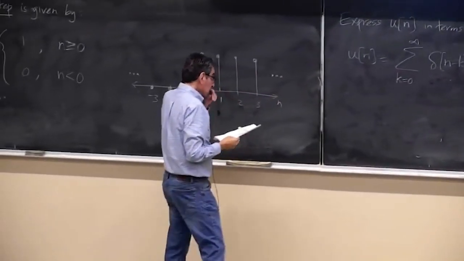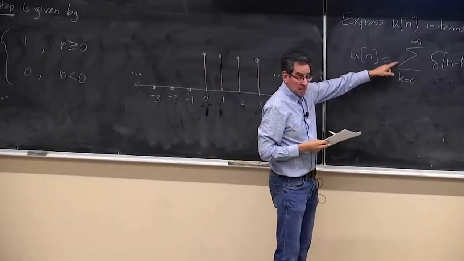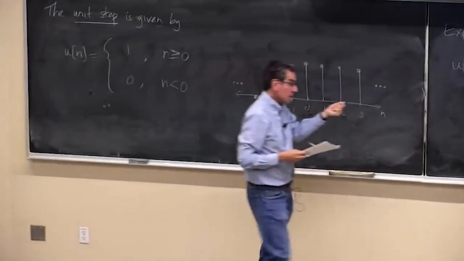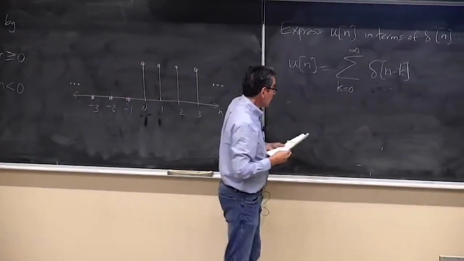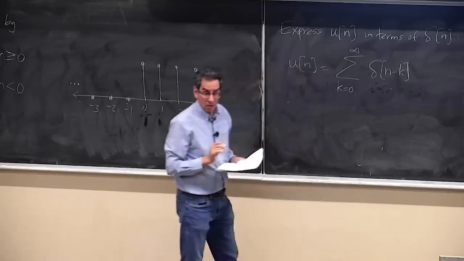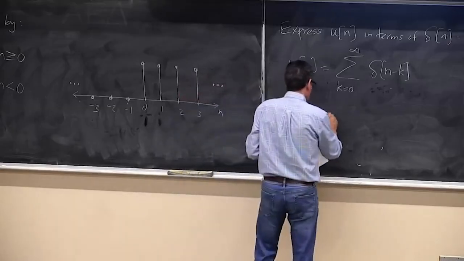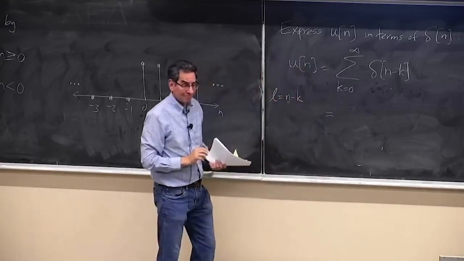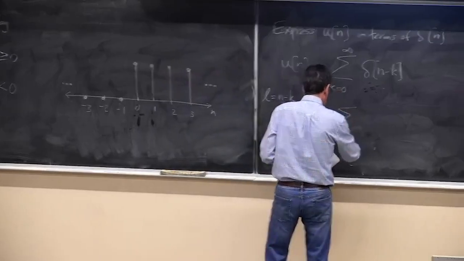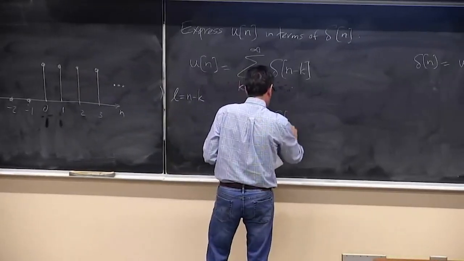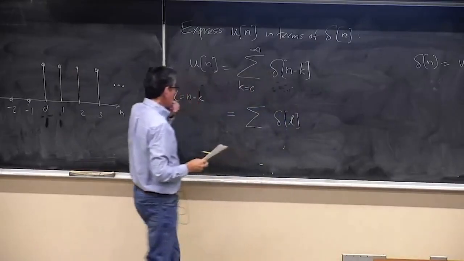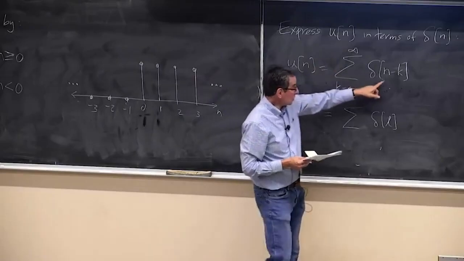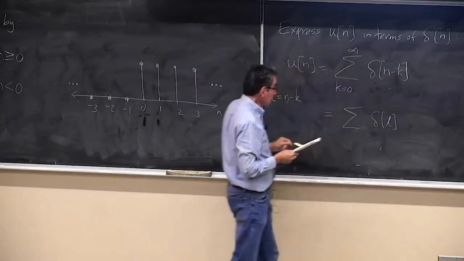Now there's another relationship that I want to extract to give us another way of thinking about the relationship between the unit step and the unit impulse. And for that, I'm going to introduce a change of variable. So I'm going to let L equal n minus k. And this is going to become delta of L. Now, when k goes from 0 to infinity, we can see what n minus k does.